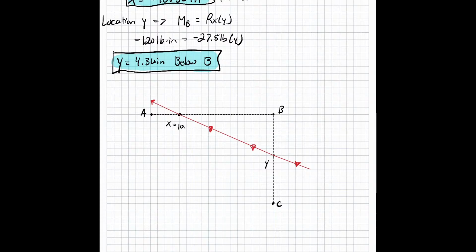So we have 10.3 inches and 4.36 inches. Basically that says from here to here is 10.3 inches and 4.36 inches from point B to there.